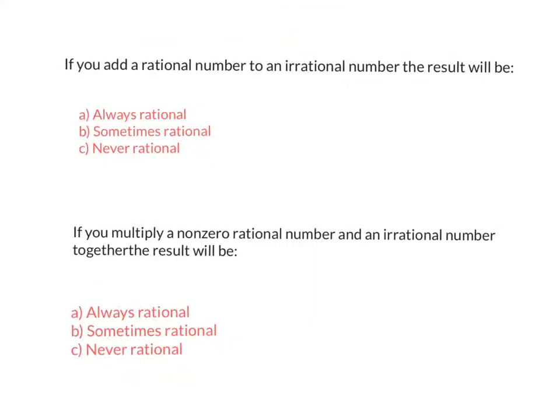So now I'm going to throw a little wrinkle at this and try to cross two different sets together and see what happens. If we add a rational number to an irrational number, the result will be one of these three things. Let's make something really simple. Let's just say 1 plus the square root of 2. Well, we can't combine that any further.